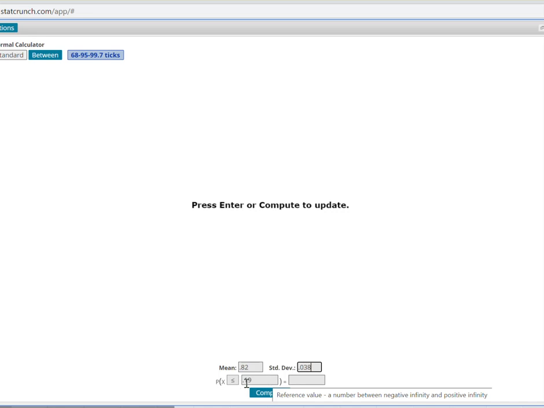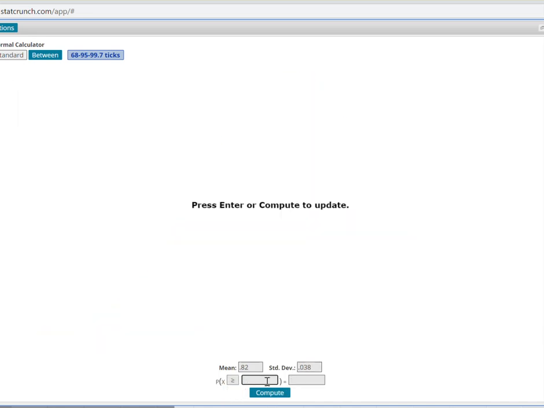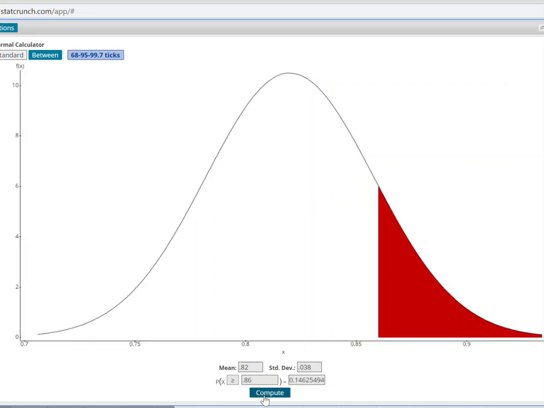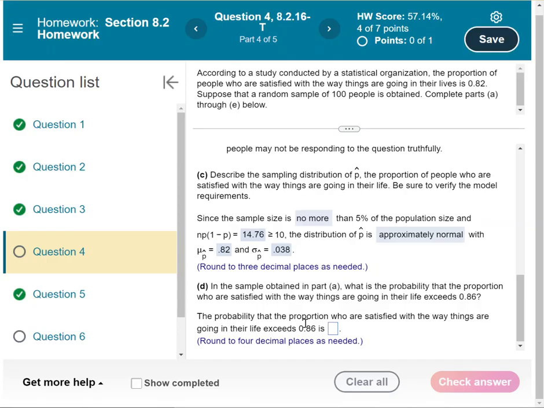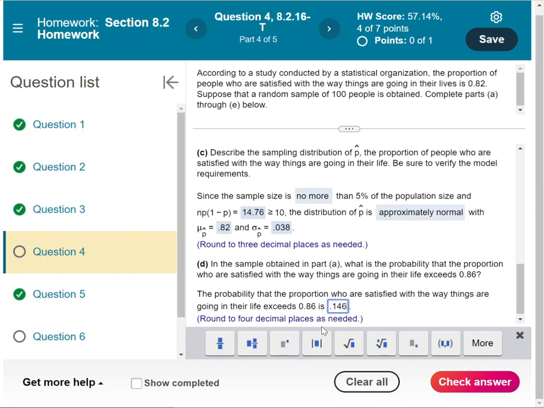And we want to know when we're greater than or equal to 0.86. So we get 0.14625. I think that should be enough. Let's go back to the homework. So 4 decimal places, so it would be 0.1463.